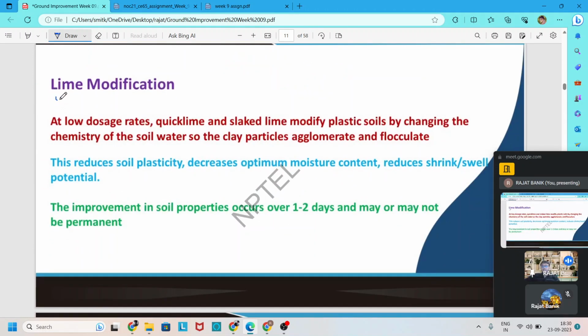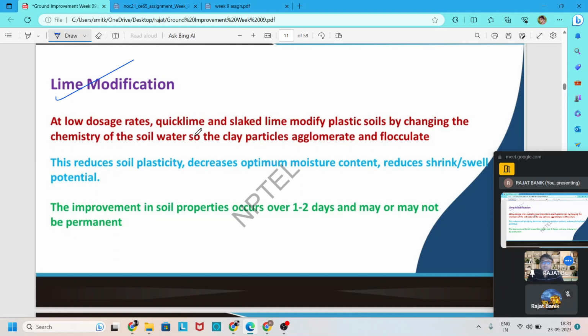Now we discuss lime modification. It is said that at low dose rates, quicklime and slaked lime modify plastic soil by changing the chemistry of the soil water, so the clay particles agglomerate and flocculate.